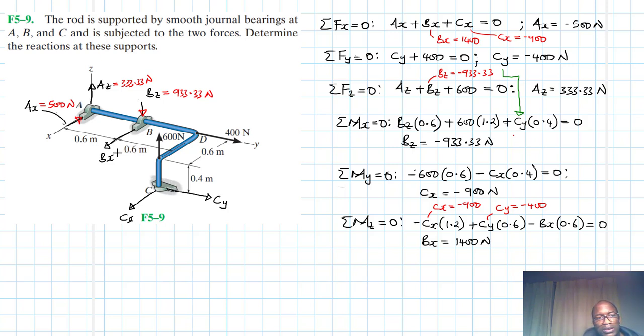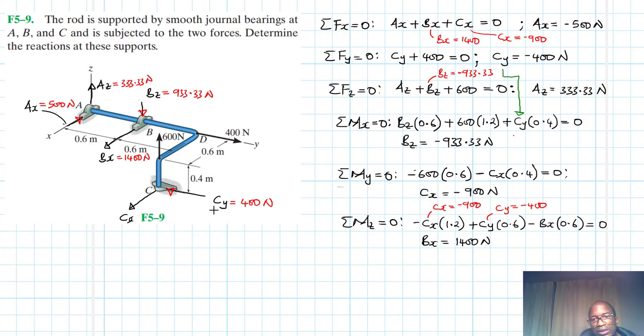What is Bx? Bx is 1400, in the correct direction. What is Cy? Cy direction changes, and it is equal to 400 newtons.